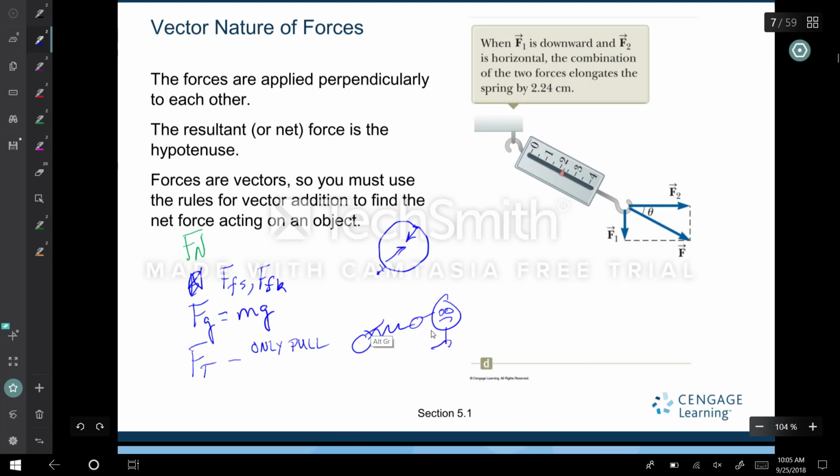You can't get that dog to go woof by pushing the leash. And the other thing is the direction is along the rope. Why does it have to be along the rope? Because if it wasn't, then the rope would bend until it was.